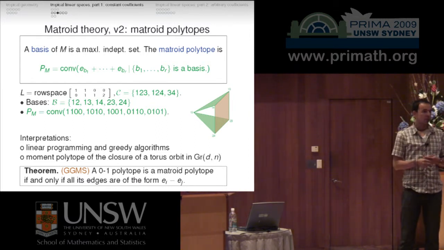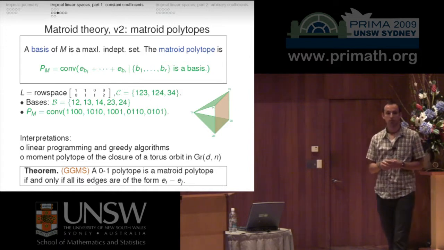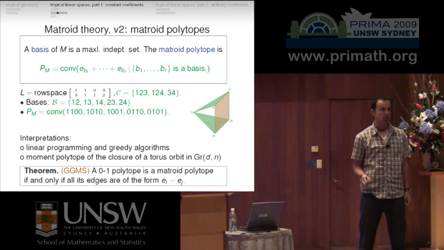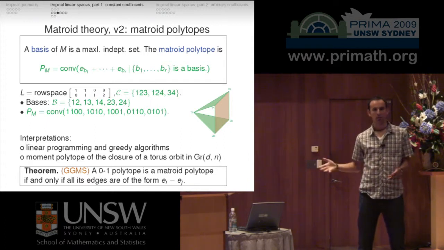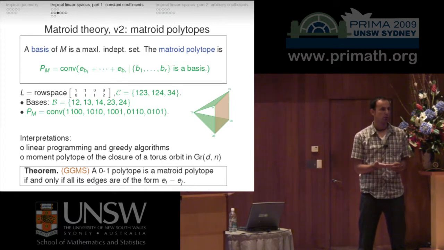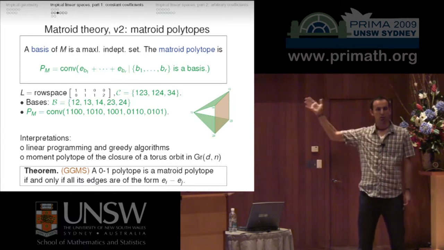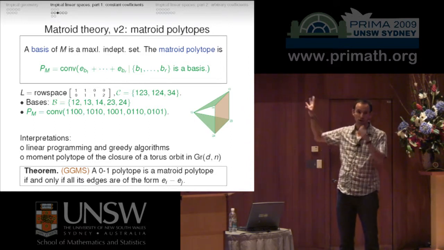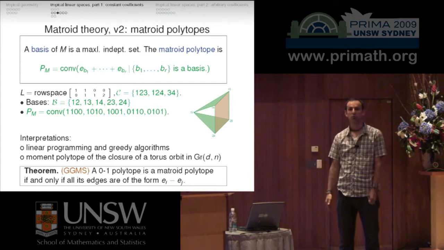Matroid polytopes arise very naturally in two very different places. One reason that matroids are interesting is because they appear very naturally in optimization. And if you think about approaching matroid theory from the point of view of linear programming, then this is the polytope where you want to do linear programming. Okay? So a lot of the theorems about it come from that point of view.